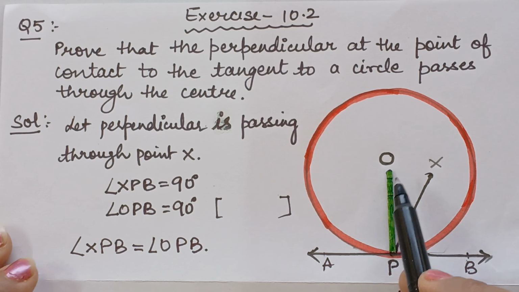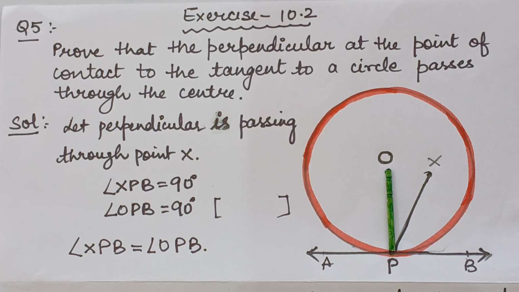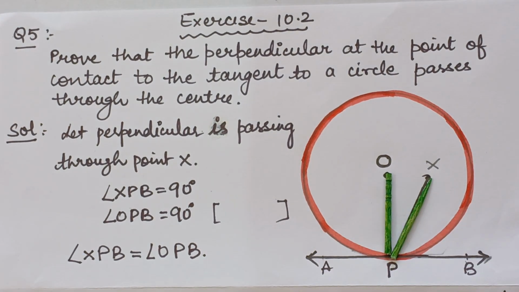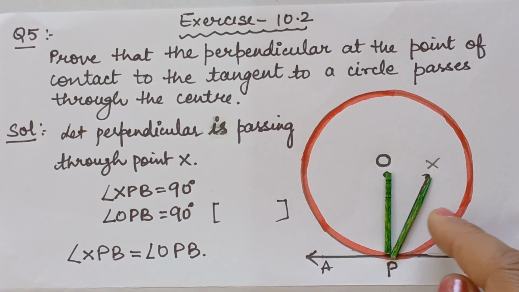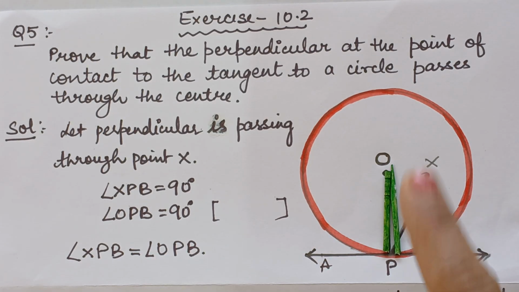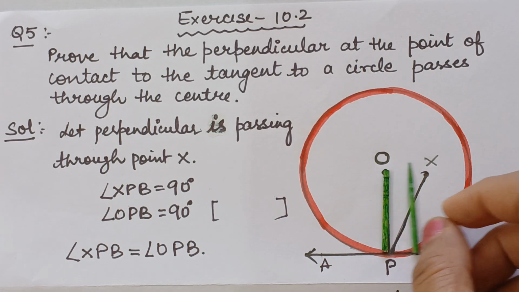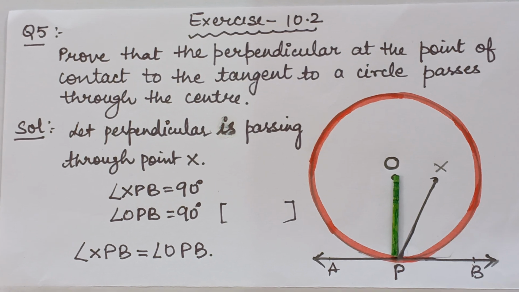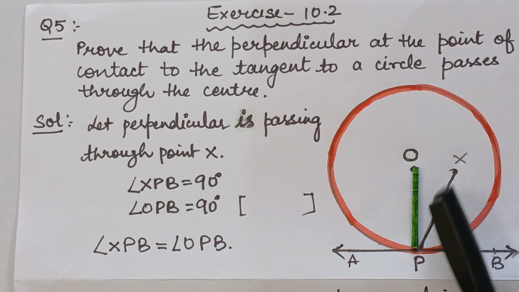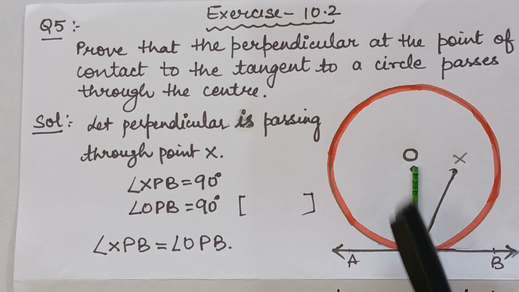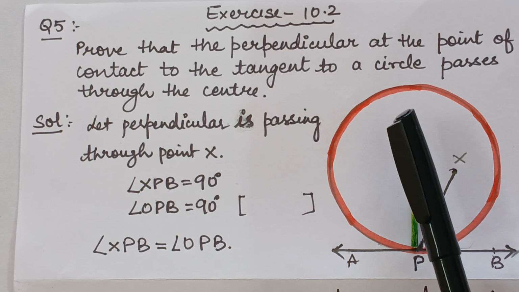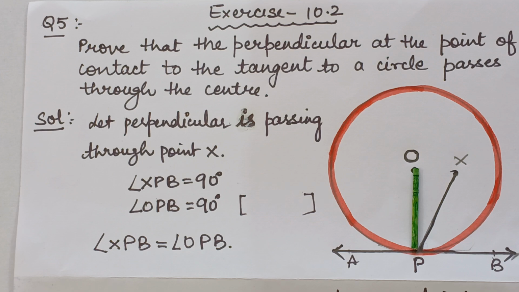So if XPB and OPB are equal, this is possible only if, suppose this is XPB, right? Now XPB is equal to OPB only if these both coincide, right? Then only it will be 90 degrees. So what we have learned from this is that the line which is perpendicular at this point should always pass through the center.